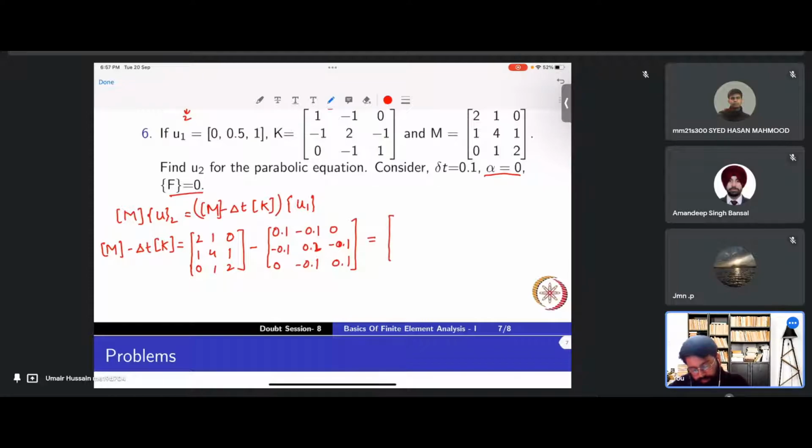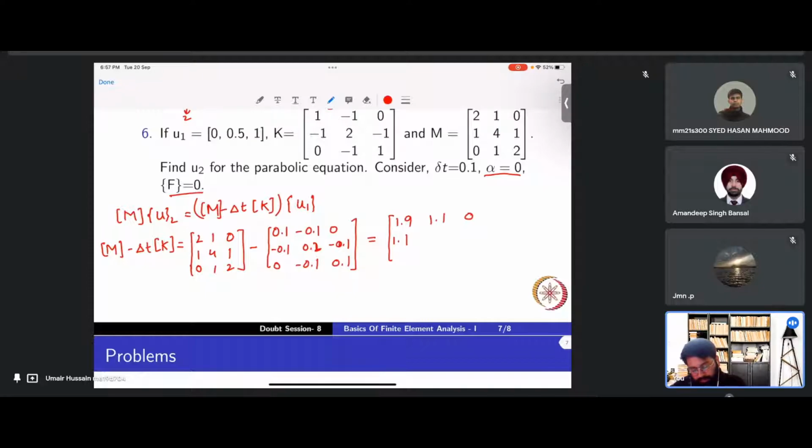So we can write this as 2 plus 2.0 minus here. We have 1.9. So 1 minus 1 minus a minus 1.1, 0, 0. We have simply 1.1 again.